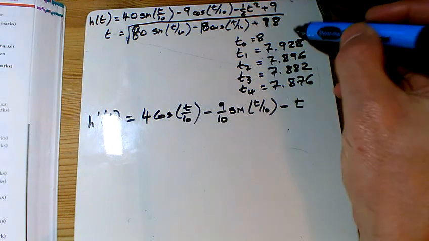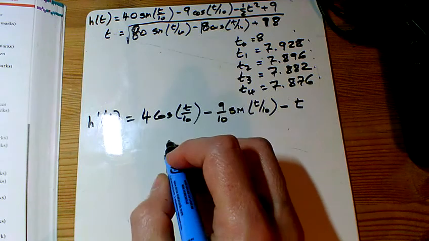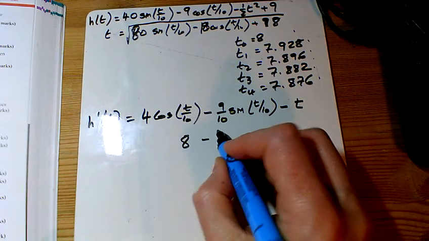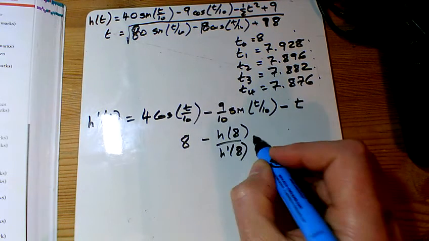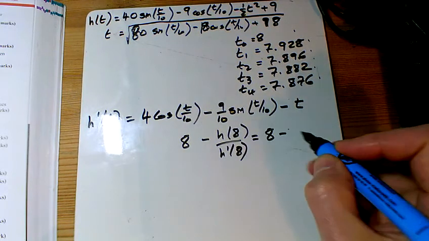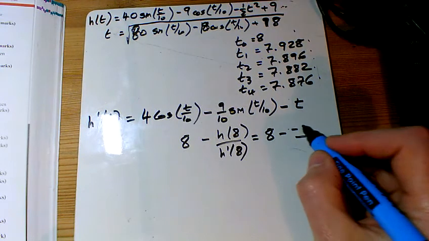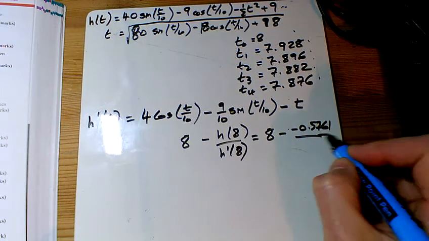So now, rather than doing this iterative formula all those times there, it's just saying let's use 1 Newton-Raphson. So the Newton-Raphson starting at 8, so we're going to do 8 minus h of 8 over h dashed of 8. So sticking the 8 in that top one there, I've got minus 0.5761.